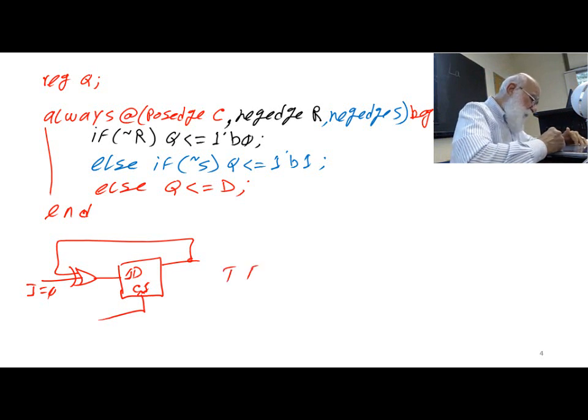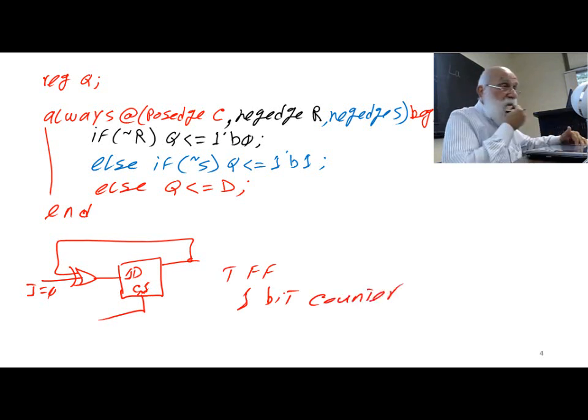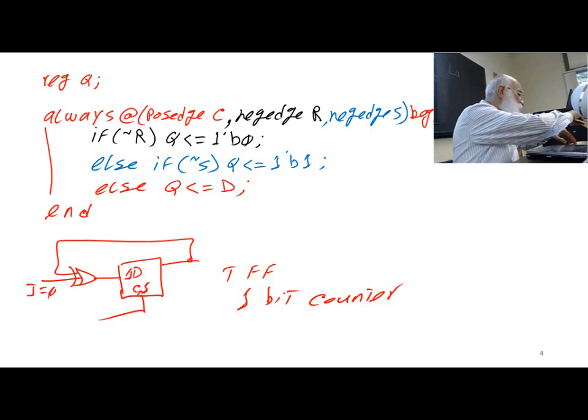A T flip-flop is a 1-bit counter. See, 1-bit counter. 0 becomes 1, 1 becomes 0. And I'm going to show you a few designs. Let me check the topics that we have to cover.